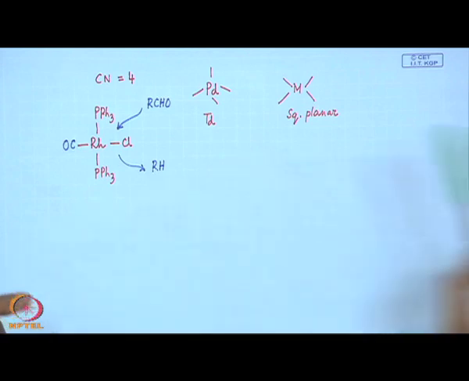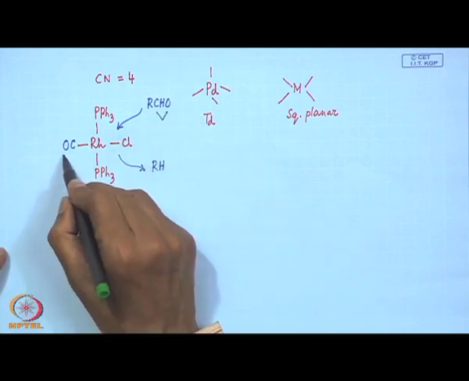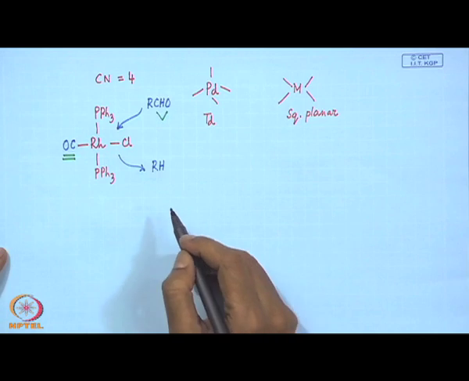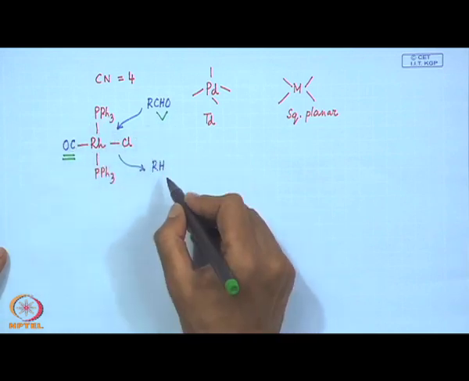That is why it is taking away this particular carbonyl function as the corresponding CO molecule, and this triphenyl phosphine also is leaving away.